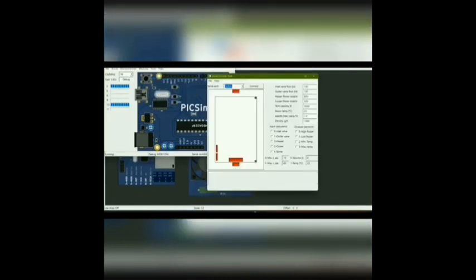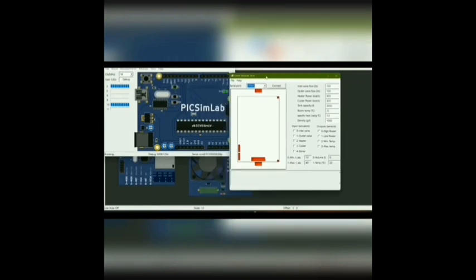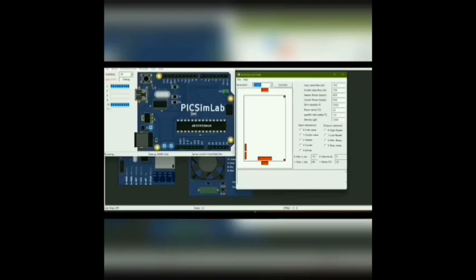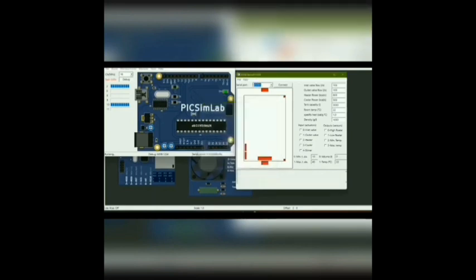This is the serial tank component, which is used to detect the levels of water. We use COM1 to COM7 for detection of water levels. See, COM1, COM2, COM3, COM4, COM5, COM7.